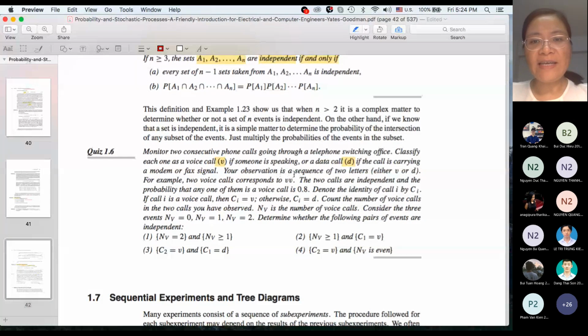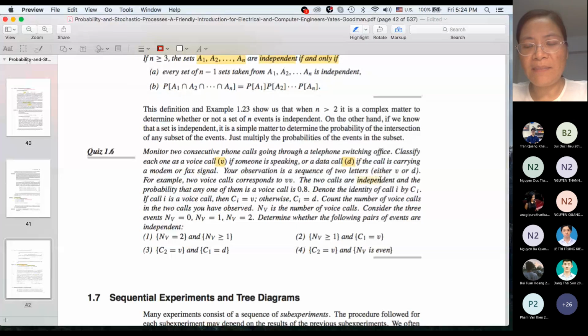Your observation is a sequence of 2 letters, V or D. For example, 2 voice calls correspond to VV. The 2 calls are independent and the probability that any one of them is a voice call is 0.8.